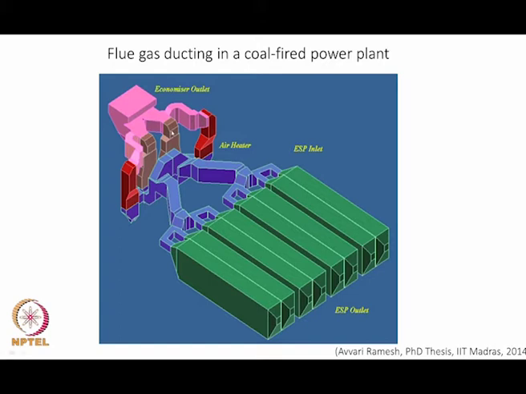So, in order to make this happen, the flow which is coming in through this rectangular duct, a vertical pipe of this cross section, is made to turn through 90 degrees and then split into two streams, one going left and one going right.